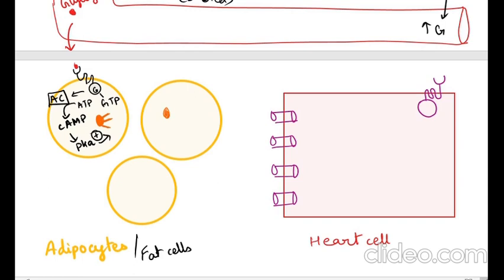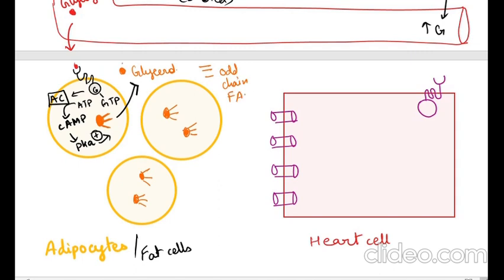All the triglycerides with 3 fatty acid chains and 1 glycerol within the fat cells will be broken down, and when they are broken down, they'll be broken down into glycerol and fatty acids.